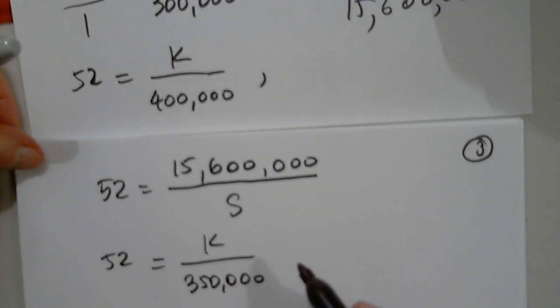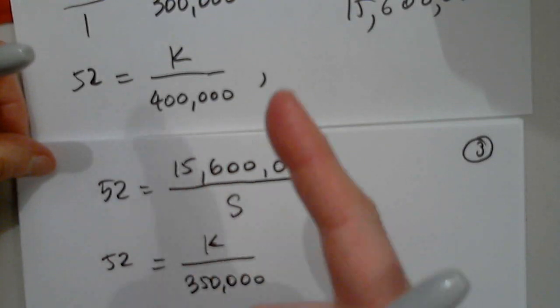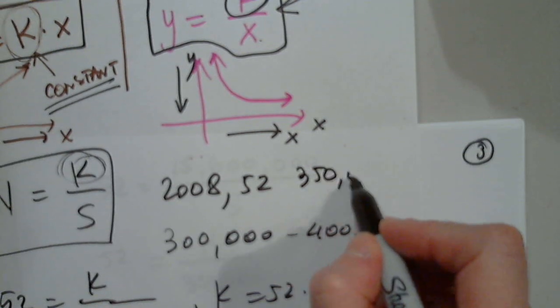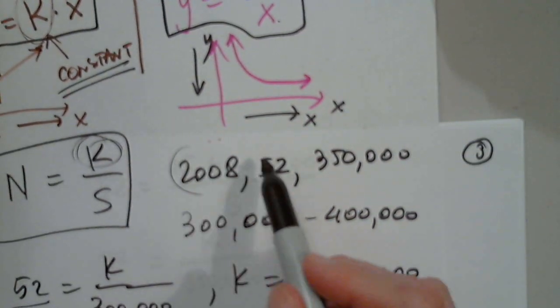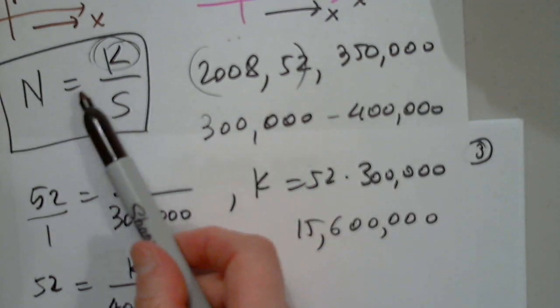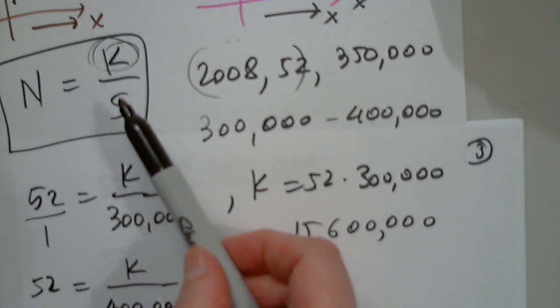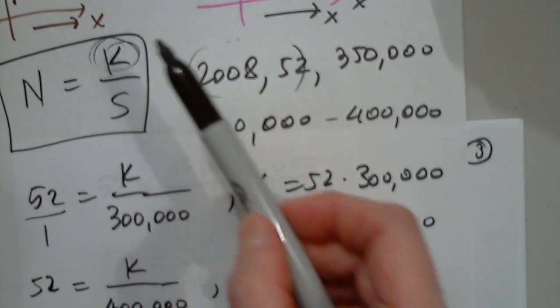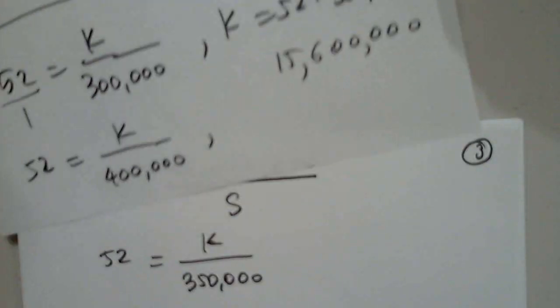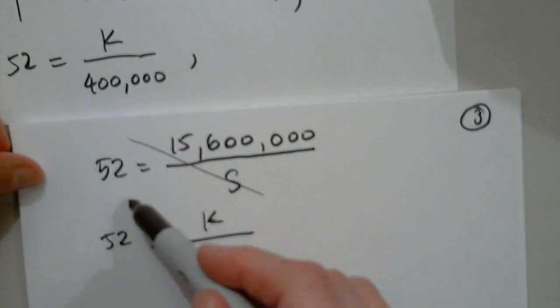Not with 300,000. And then what we need to do after we determine, so K has to be determined. I didn't write the 350,000 here. That's what the problem was. So in 2008, 52 cities had more than 350,000. So this is how I have to find K. I omitted to copy the 350,000. So sorry about that.